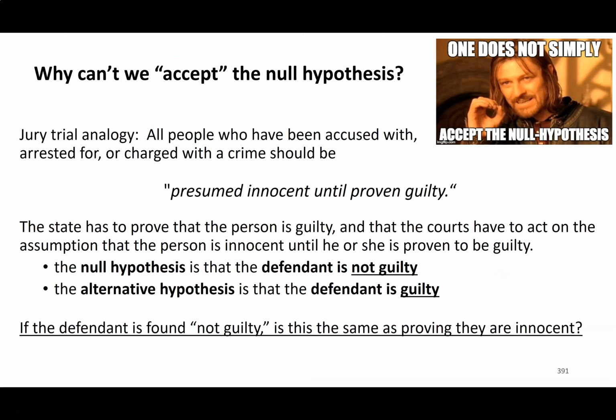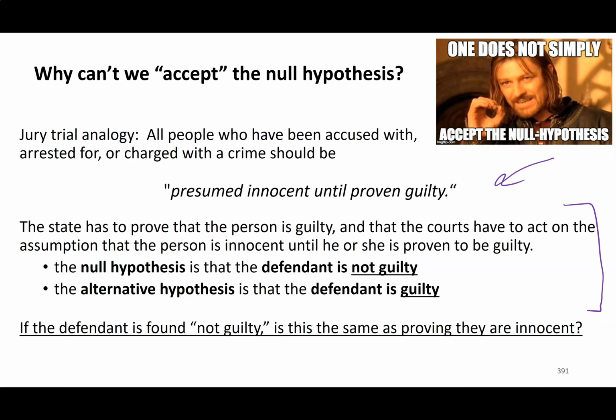So just a couple of notes, like why can't we accept the null hypothesis? The easiest analogy to use here is the court case. You're supposed to assume by default that someone is presumed innocent until proven guilty.